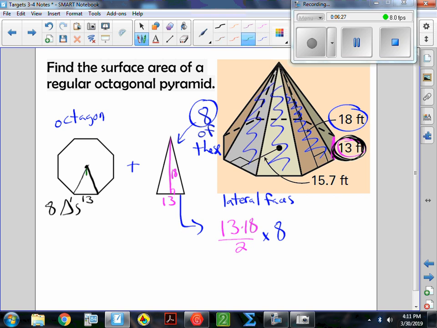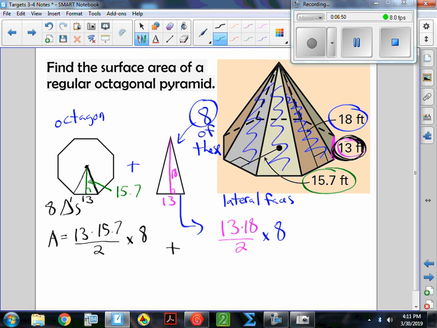The height of this triangle is called the apothem. That's shown to you in the diagram, 15.7. So this area is going to equal base times height divided by 2. And then again, there are 8 triangles, so times 8.